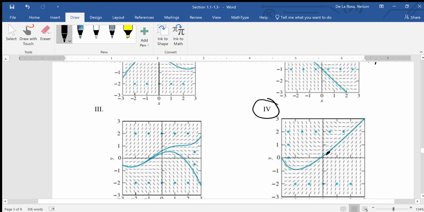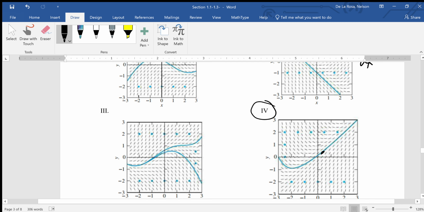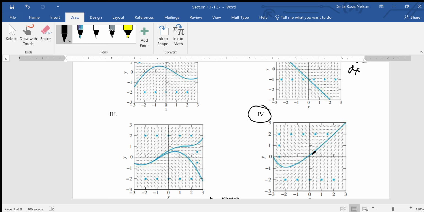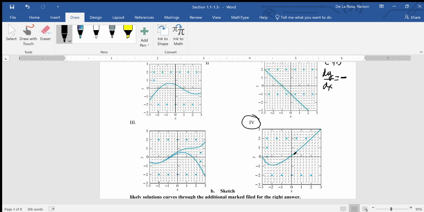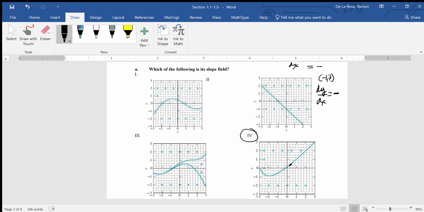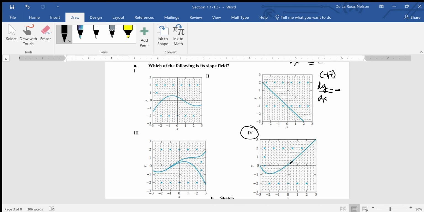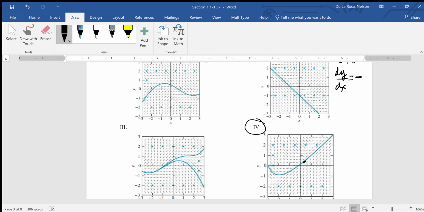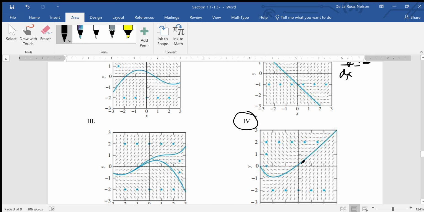What about if you replace (-1, 7)? Let's say this is 1, 2, 3, 4, 5, 6, 7. It's going to be like this, right?